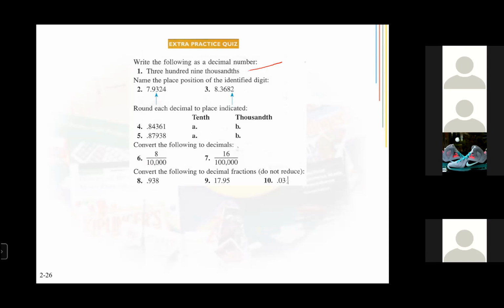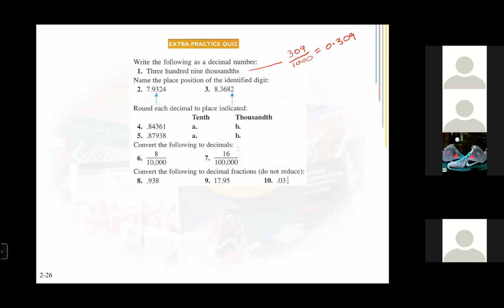That would be 309 over 1,000. Now if you change that to a decimal, what would it be? 0.309. Okay, very good.